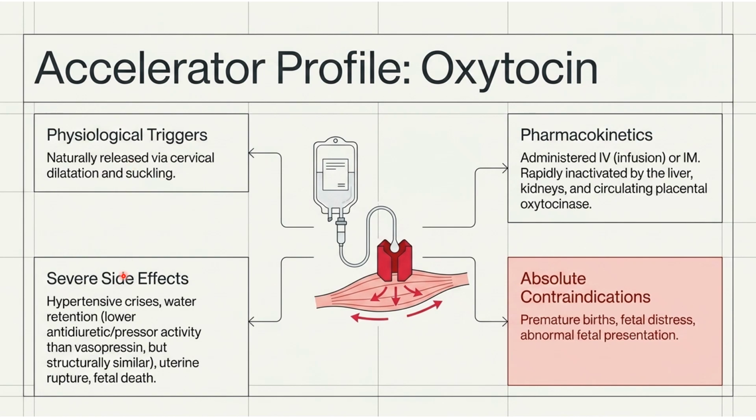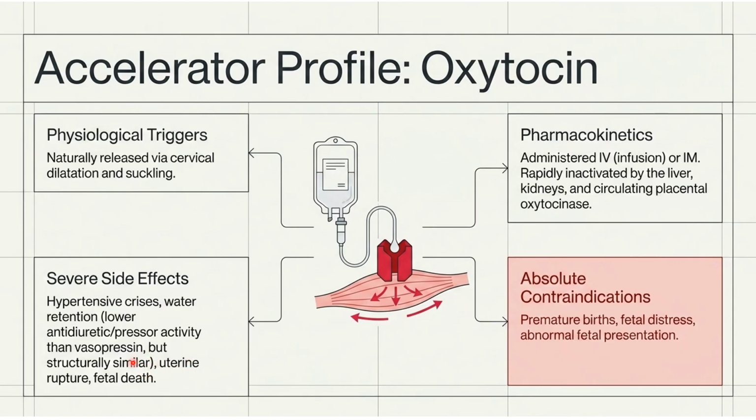The severe side effects can be hypertensive crisis, water retention, and water intoxication, because it has an antidiuretic hormone-like effect and a pressor effect, but lower than that of vasopressin or antidiuretic hormone.